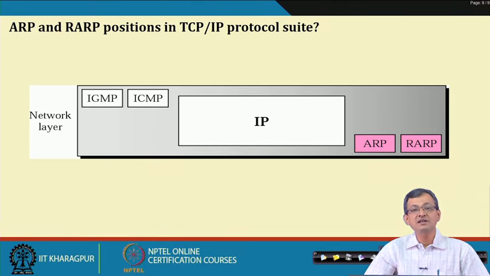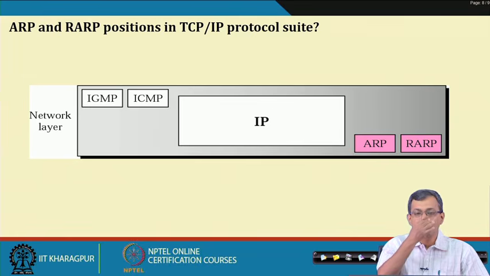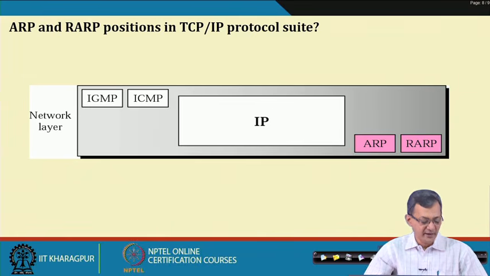Because on one side ARP or RARP deals with IP addresses, which are logical addresses, a phenomenon of the network layer. On the other side, it deals with physical layer things. So, in some literature it is referred to as a companion protocol to IP, helping do address resolution at the data link layer.